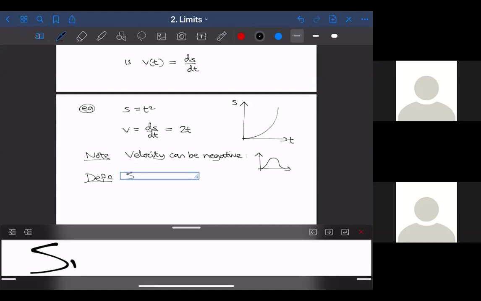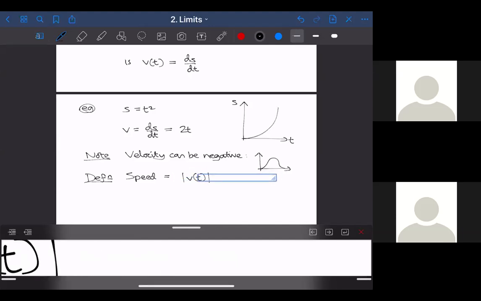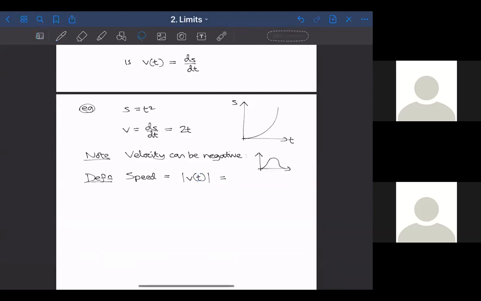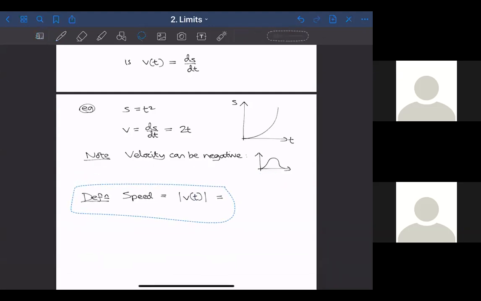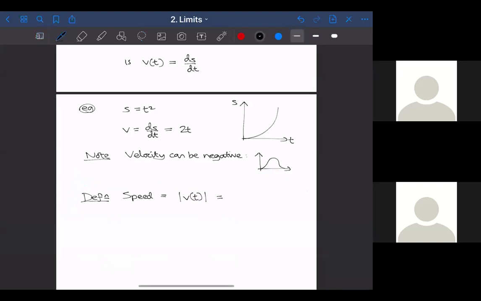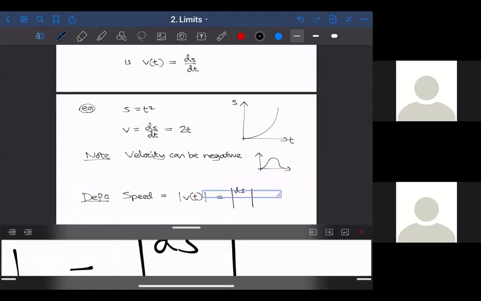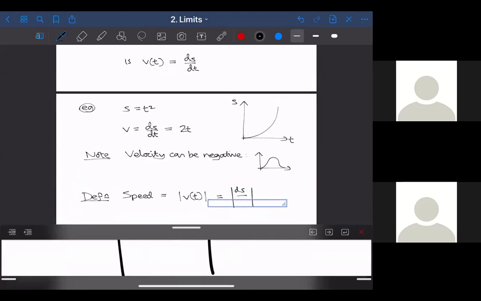But by definition, speed is always positive, and so we can write it as the absolute value of velocity. So in other words, it's the absolute value of ds by dt.